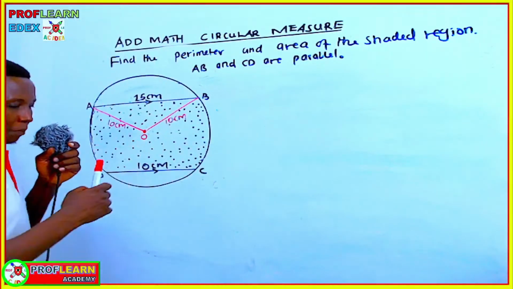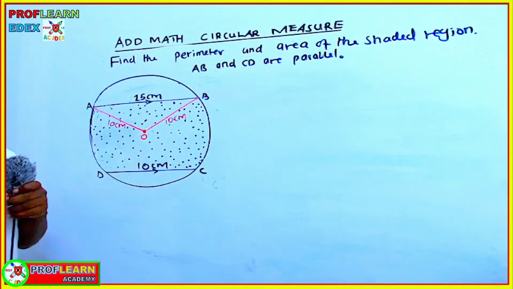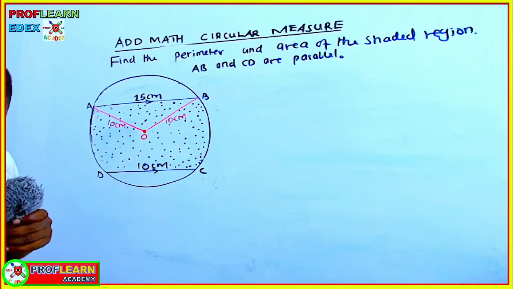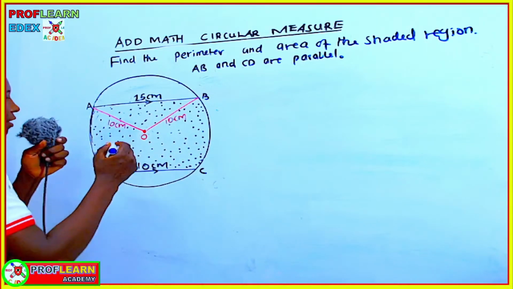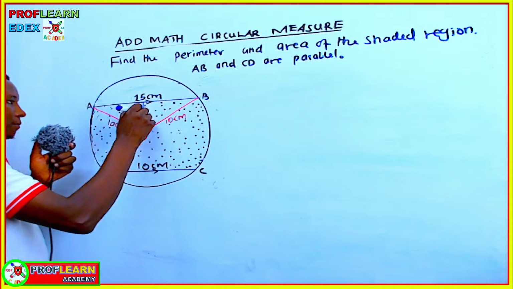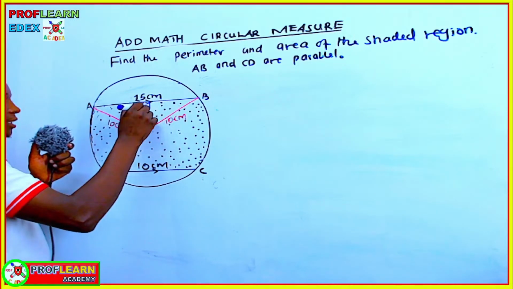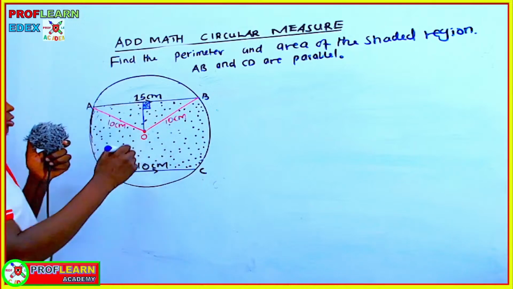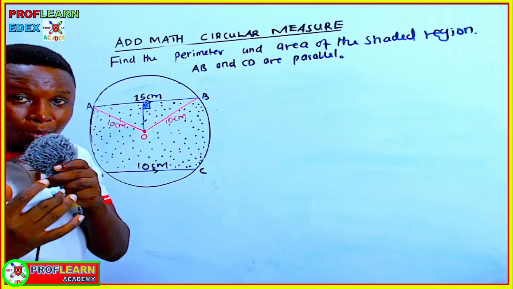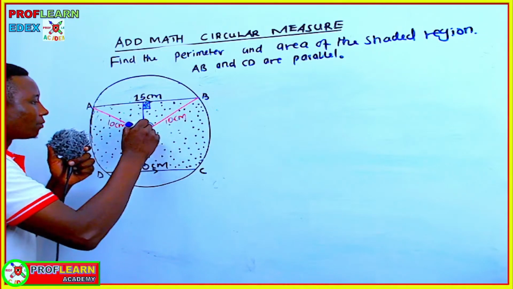If we drop a perpendicular from this given point, we are going to have 90 degrees at this point, so that this is going to enable us to work out the size of this angle.